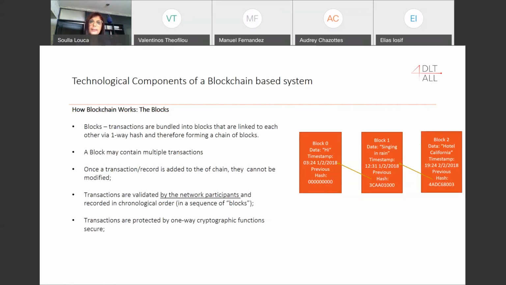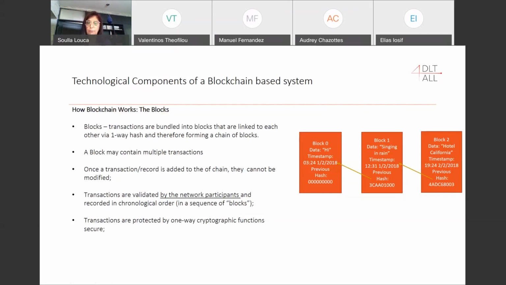Once a block is filled out, we move to the next block. The blocks are connected with each other by one-way hash. And this is how we get the chain of blocks, a blockchain.